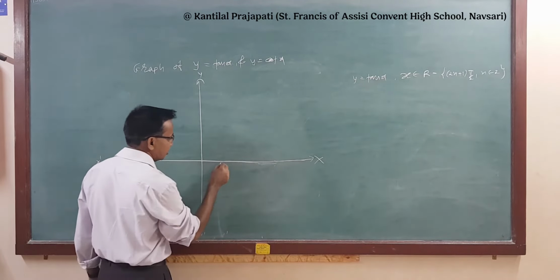The function is not defined at odd multiples of pi by 2. That is, it is not defined at pi by 2 and minus pi by 2, where the coefficient of pi by 2 is an odd integer. It is not defined, so we put a dotted line here, a vertical line passing through pi by 2.